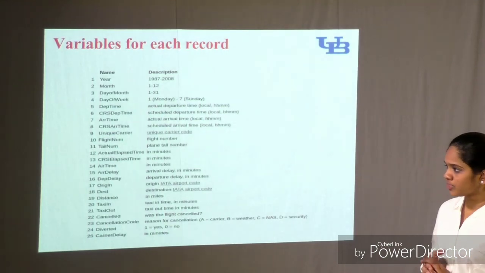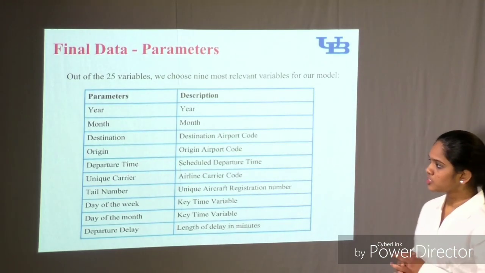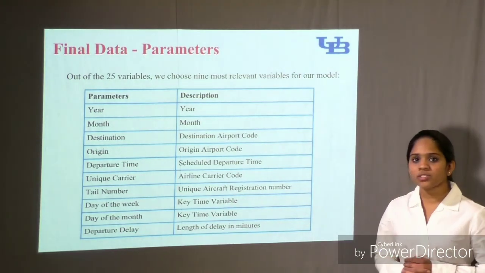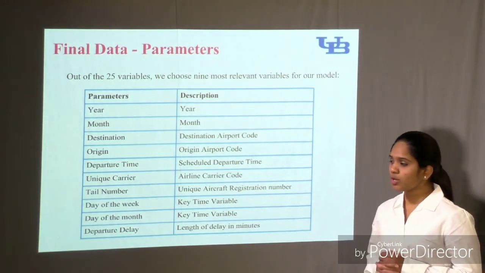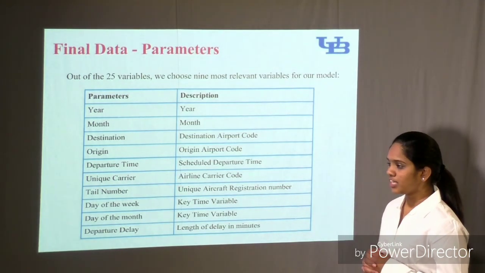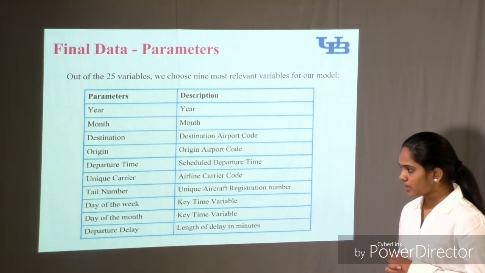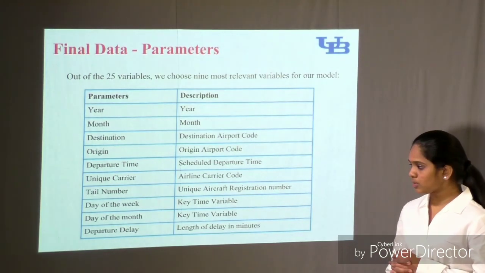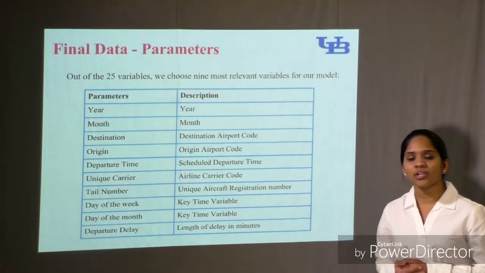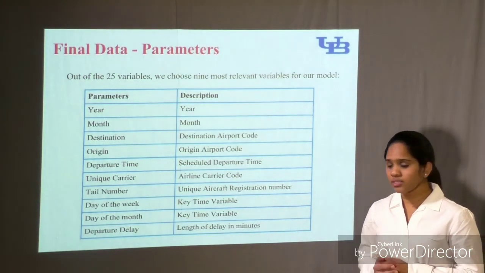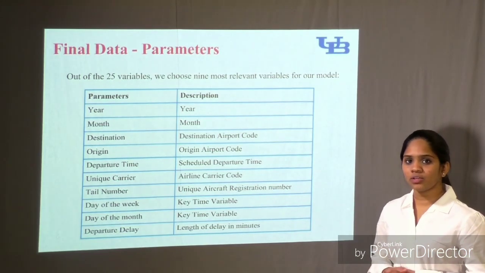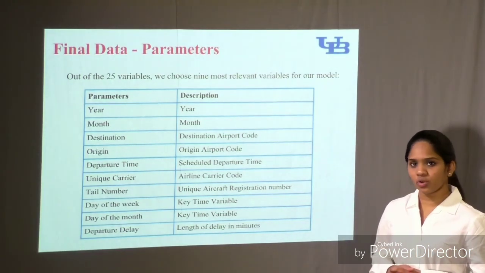And then after the analysis and the reduction of the attributes, we are here with the 10 attributes that are really relevant to our model, like the origin and the unique carrier and day of the week and everything. And the predictive output attribute that we are going to have here is the departure delay, which contains values of zeros and ones. Ones denote that the flight is delayed, and zero denotes that the flight is not delayed.